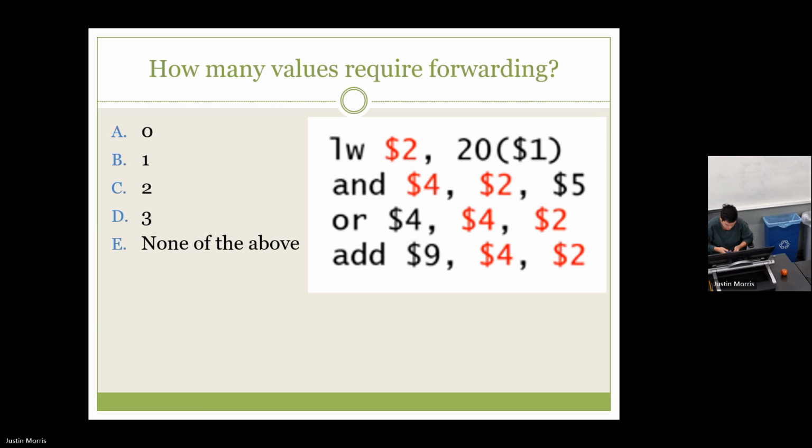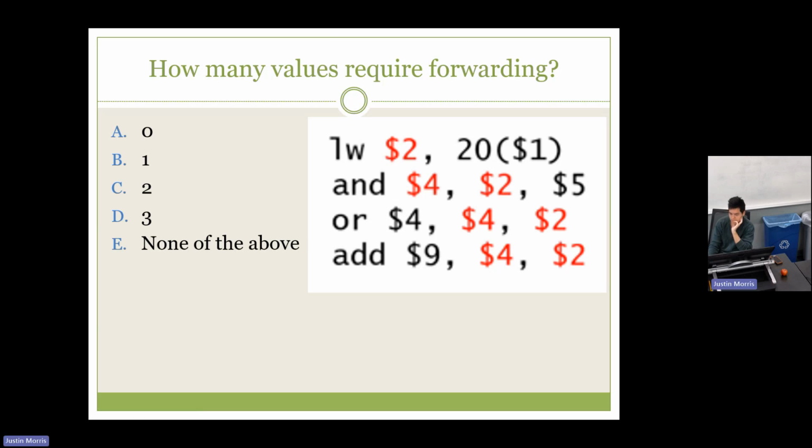All right, we have more movement towards the right. First cycle, we fetch load word. Second cycle, we fetch the AND and we decode the load word.